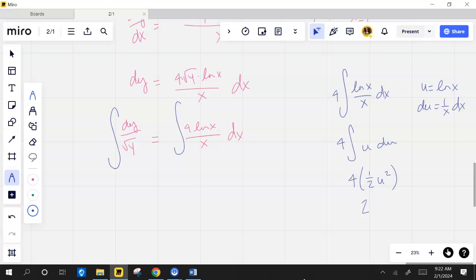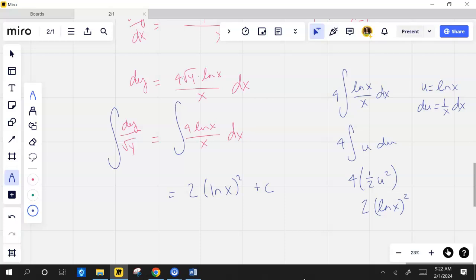Four times a half is 2. And then I've got ln x squared. Don't forget plus c.